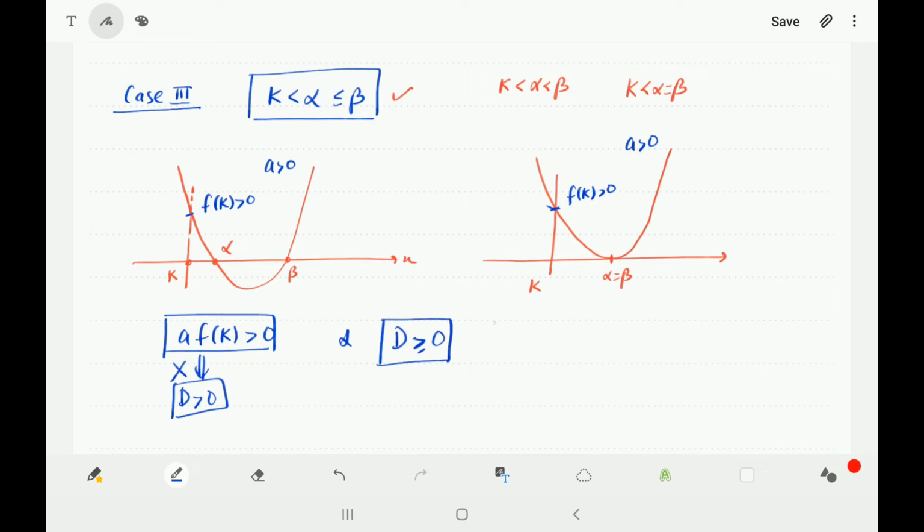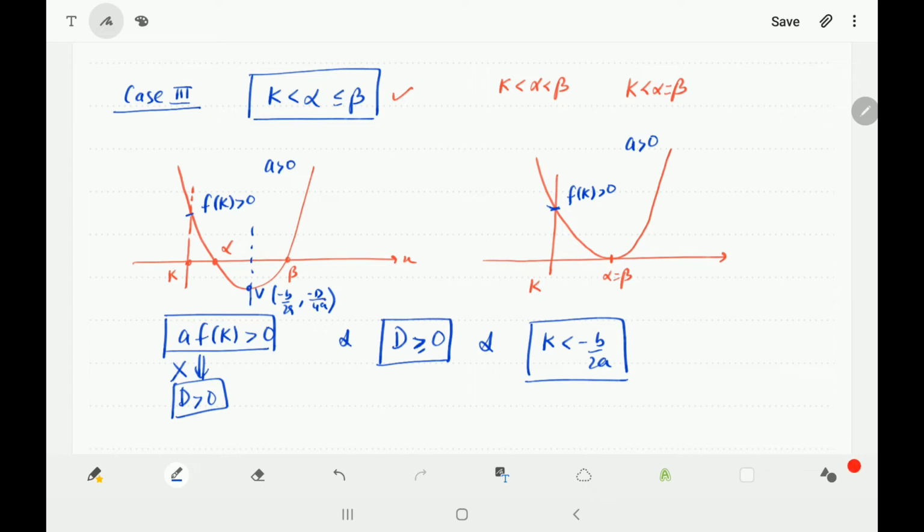Now the third condition is that k is less than minus b by 2a. What the third condition will make sure is that k lies on the left hand side of the vertex. So if this is the vertex, the x coordinate of the vertex is minus b by 2a. You might know that the x coordinate is minus b by 2a and the y coordinate is minus d by 4a.